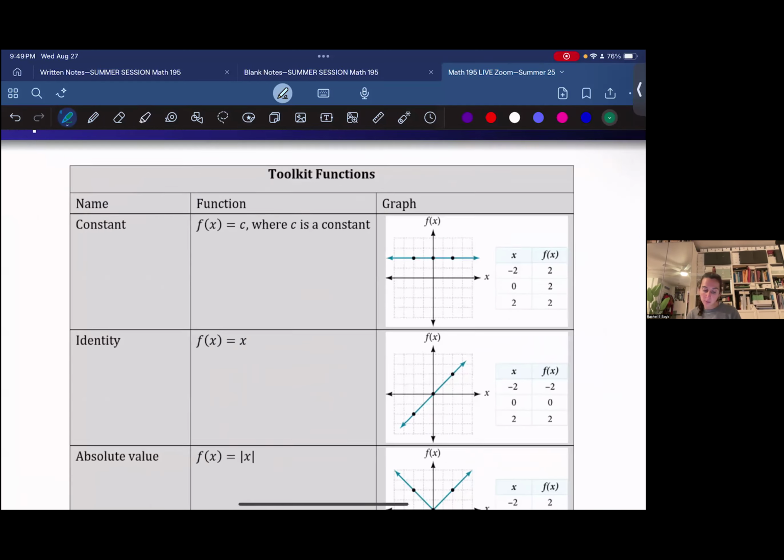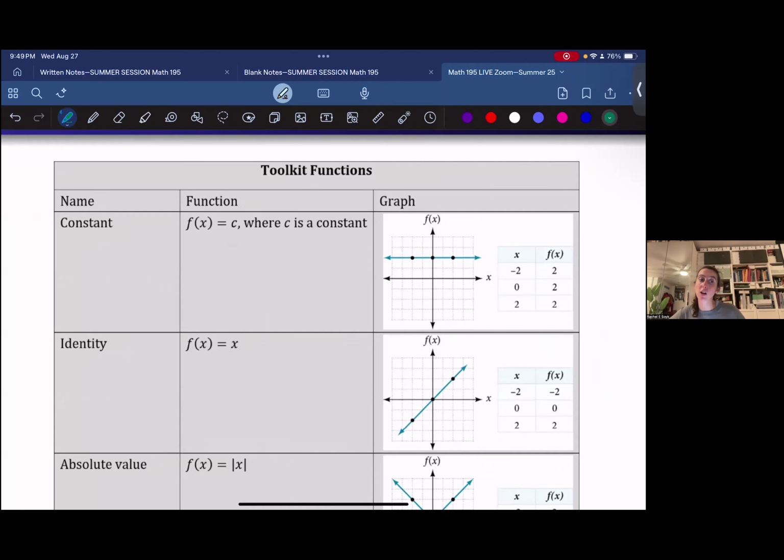And I highly recommend you guys making flashcards on these types of functions because if you have a good visual of what these types of functions look like when we eventually get into our transformation unit, you'll be able to pull from this visual and then transform from there, meaning apply reflections or stretches or compressions or shifts, horizontal shifts, vertical shifts, and it'll make it much easier on you guys and be less overwhelming.